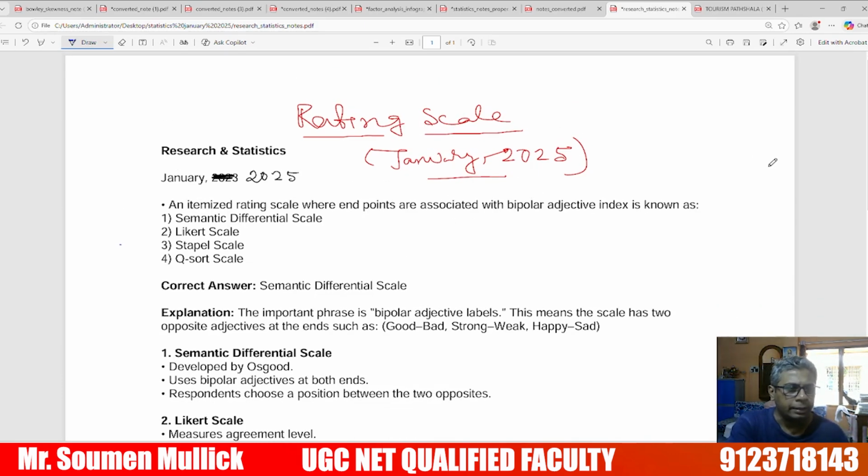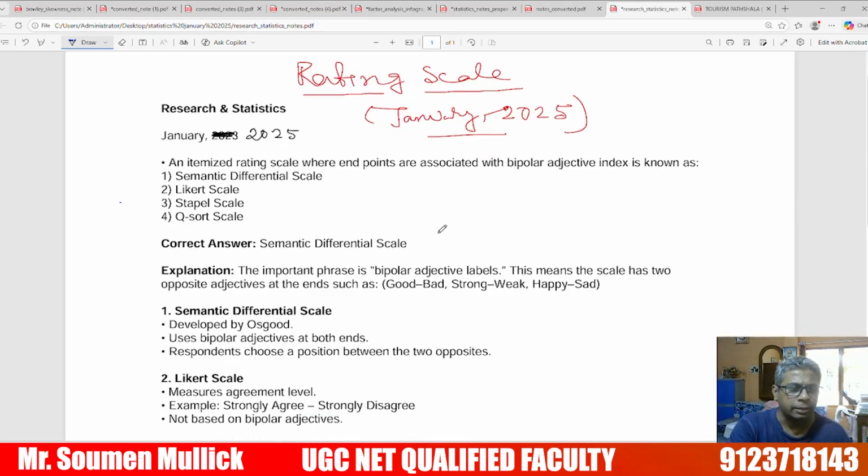I repeat again, an itemized rating scale where endpoints are associated with bipolar adjectives is known as. The correct option is the symmetric differential scale. The explanation: the important phrase is bipolar adjective.